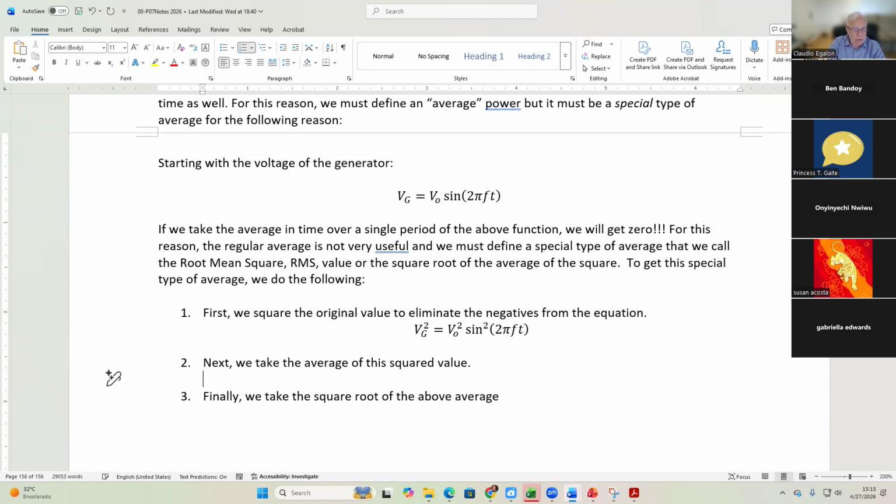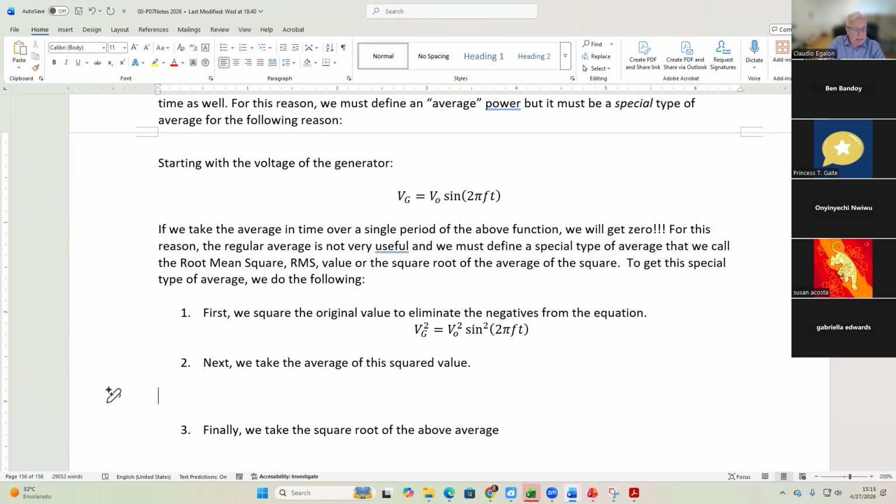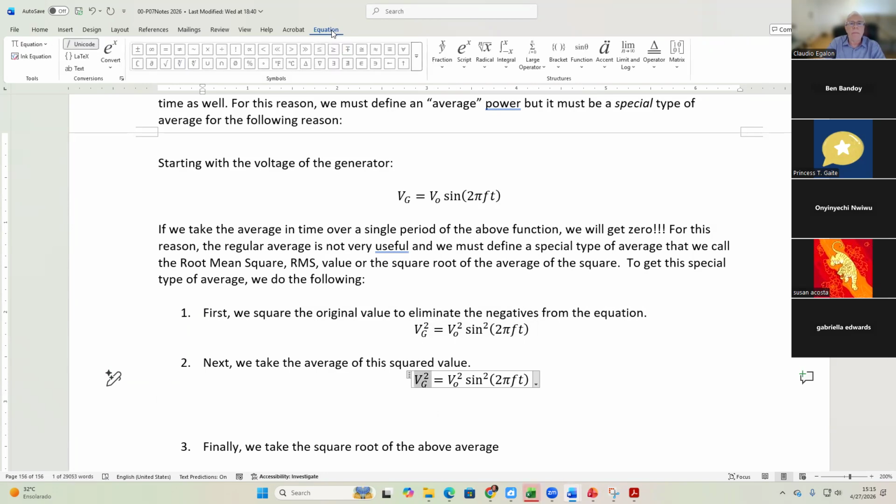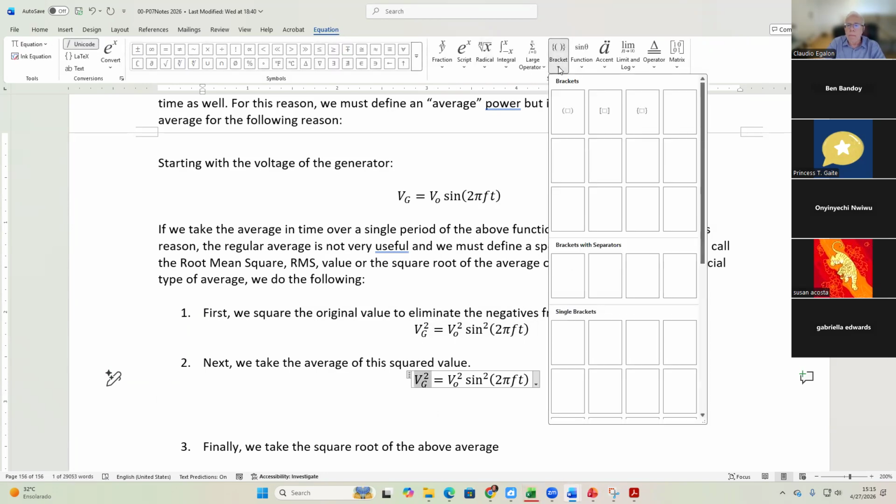So I'm going to represent the average of the square value by a pointed bracket like that. Like this one.